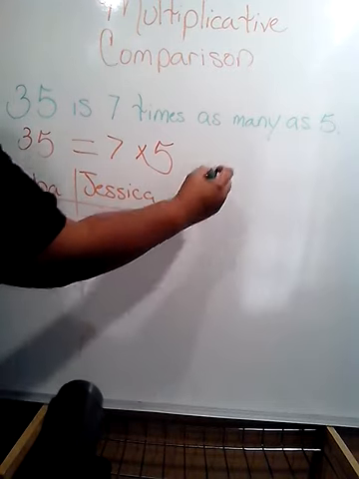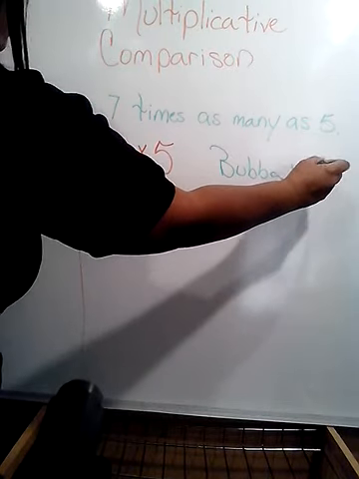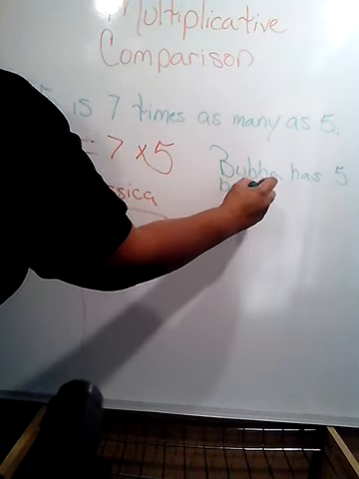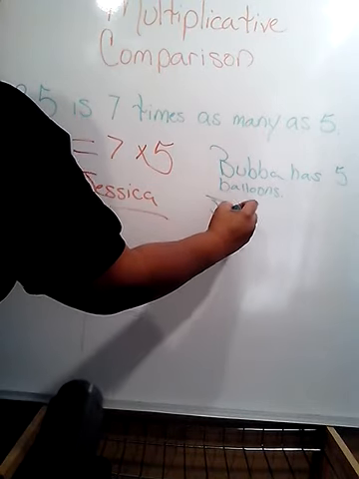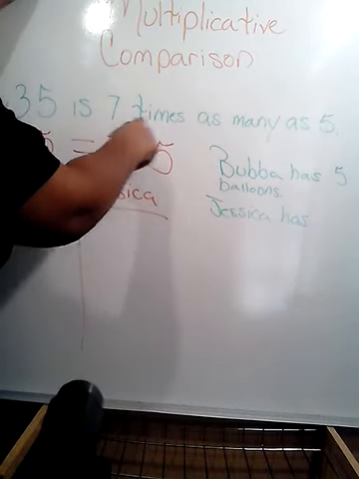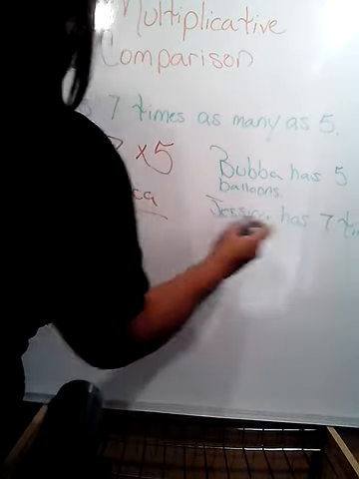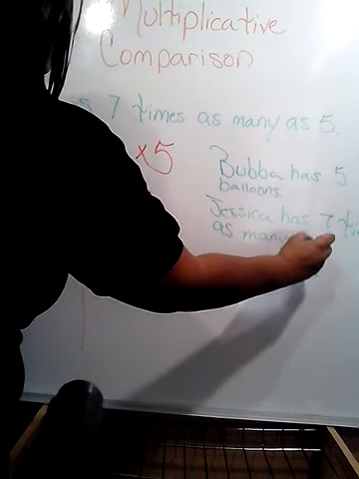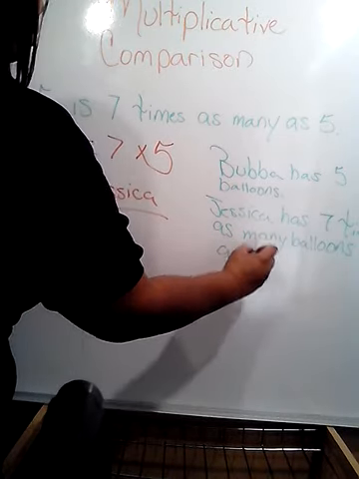Bubba has 5 balloons. Okay. We'll say Jessica has 7 times as many balloons as Bubba.